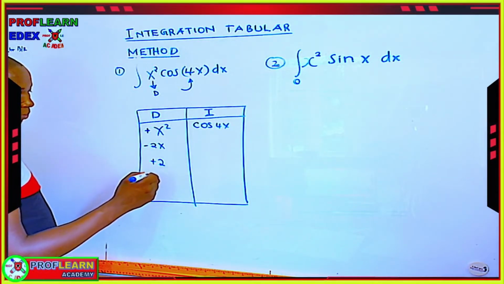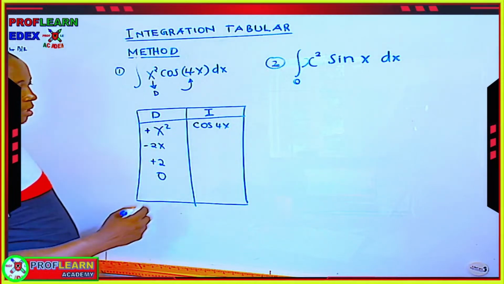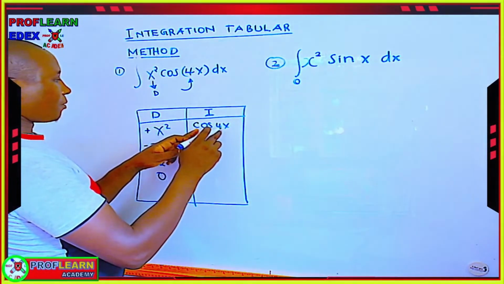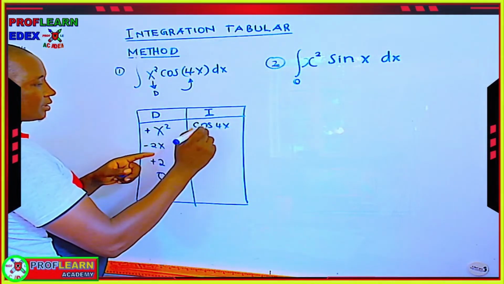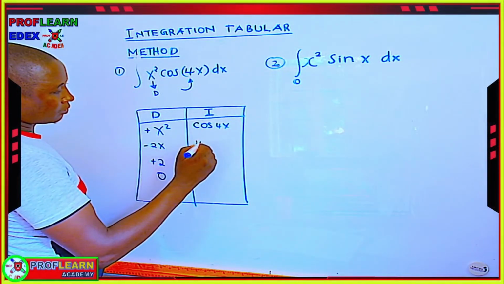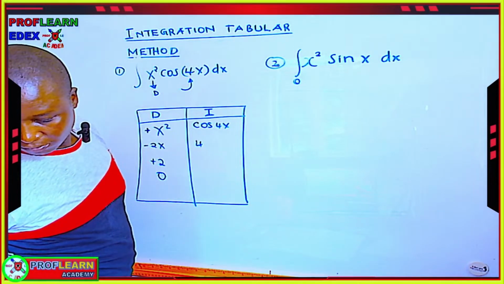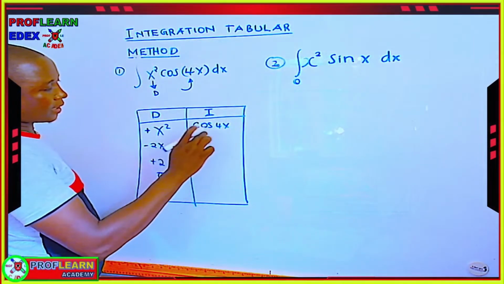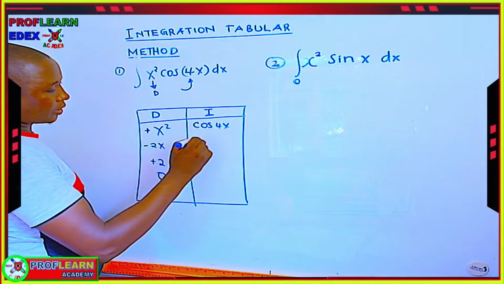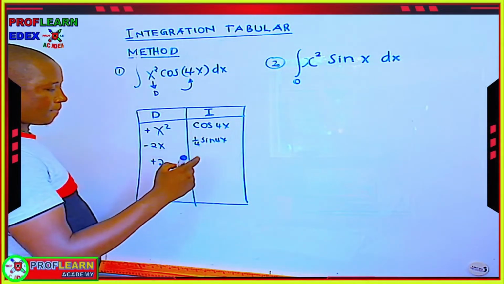Finding the derivative of plus 2, you are going to get 0, so you shall stop there. Here you are going to perform integration. Integrating cos 4x, we are going to get 1 over 4 sine 4x.